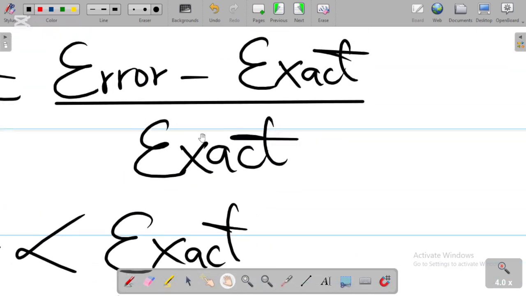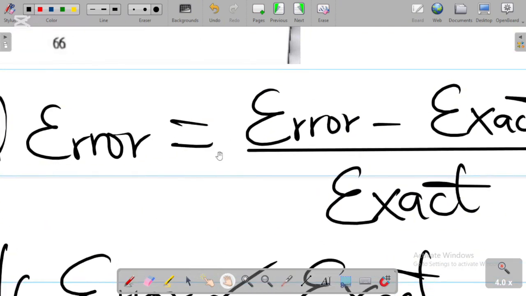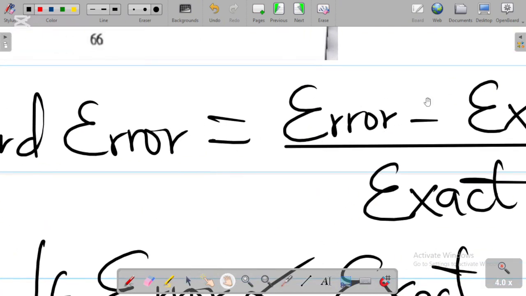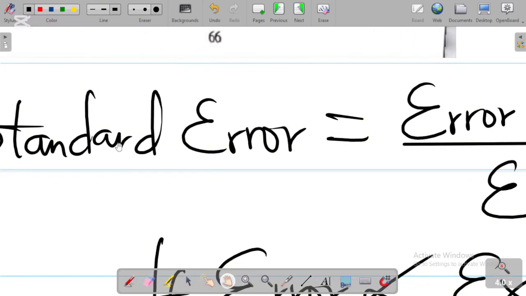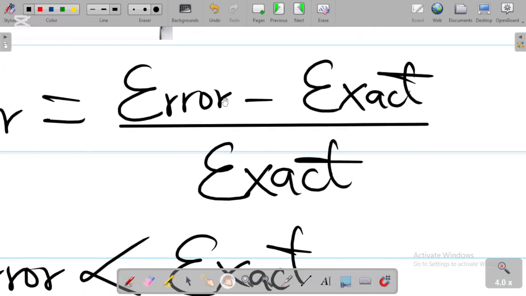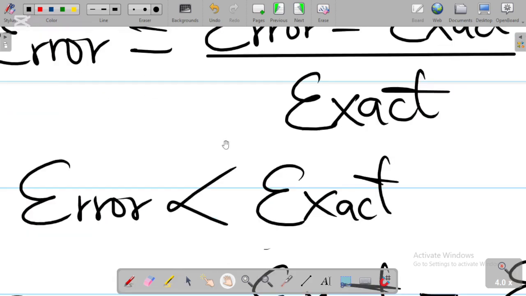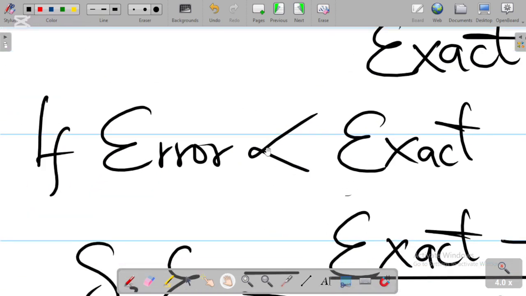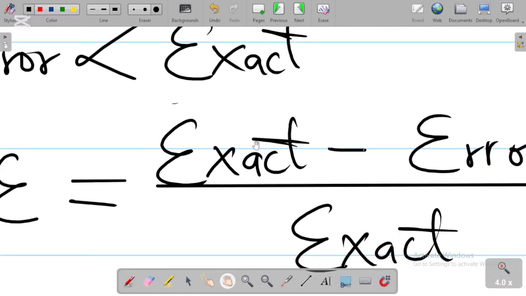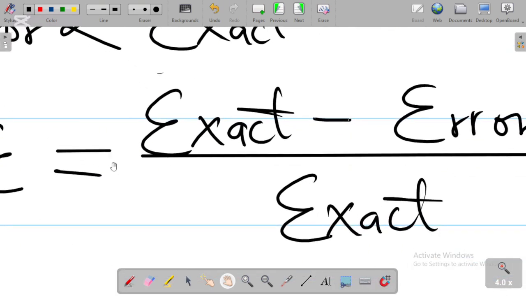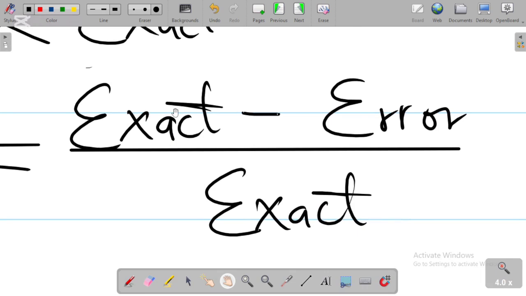There are two things involved. If your error is greater than your exact, your standard error becomes error minus exact all over exact. But when you find out that your error is less than your exact, simply use standard error is equal to exact minus error, all divided by what? Exact.